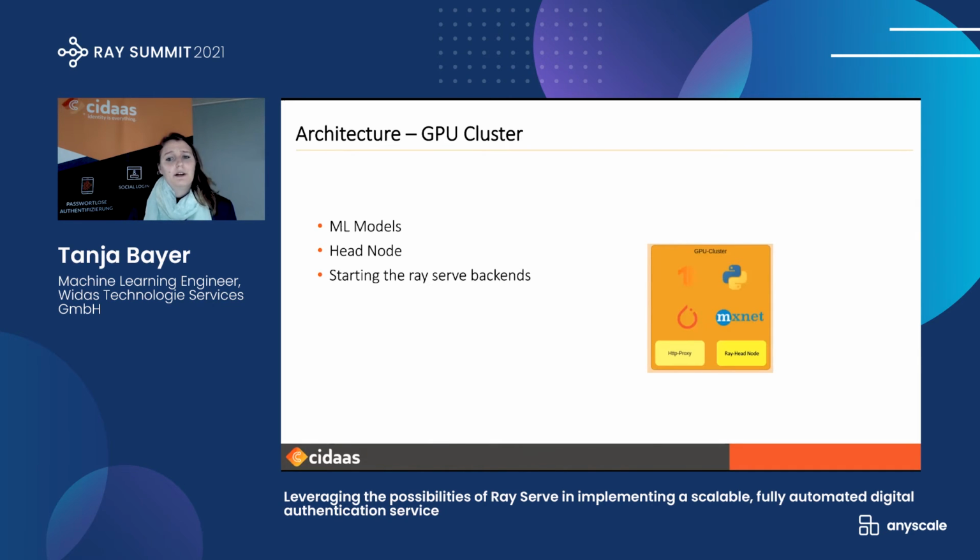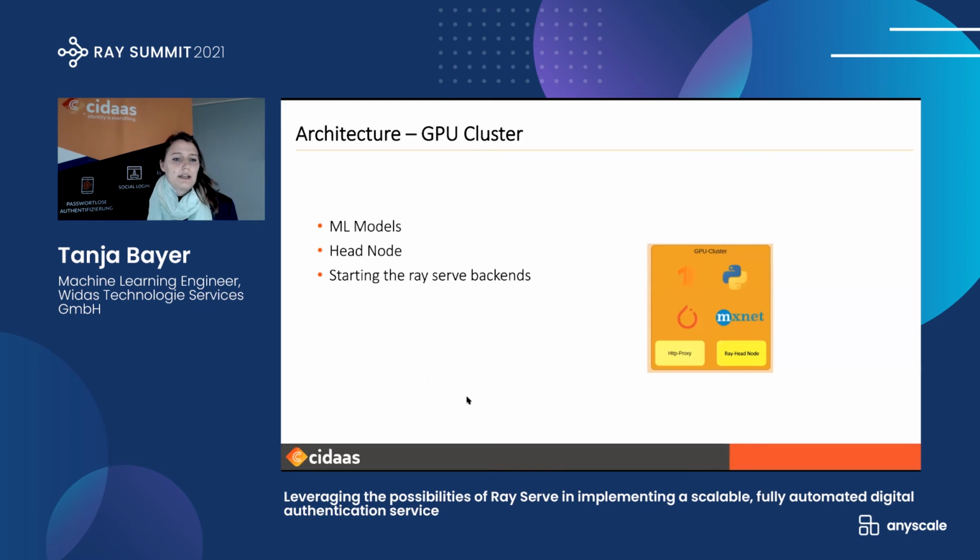This behavior is really good in this case because we always know how many CPU cores are actually being used. And by that, we can make sure that not all 100% of the CPU's cores are used. And that's also the reason why we decided to put our Ray head node on this cluster, because in that way, we can ensure it doesn't lose performance because of too many CPU cores being occupied by other tasks.